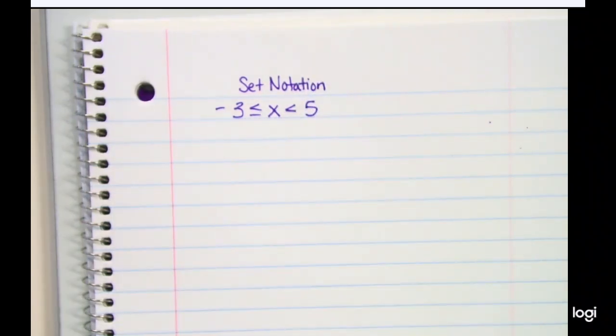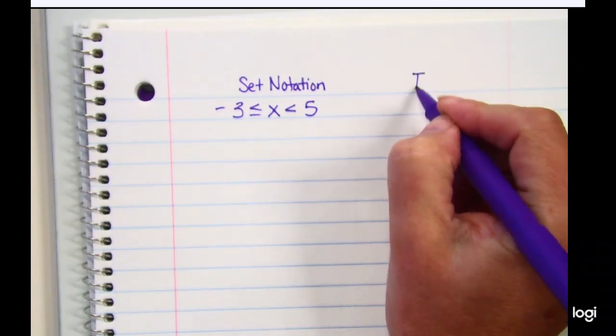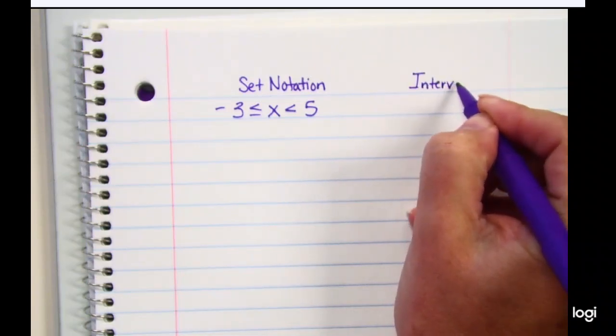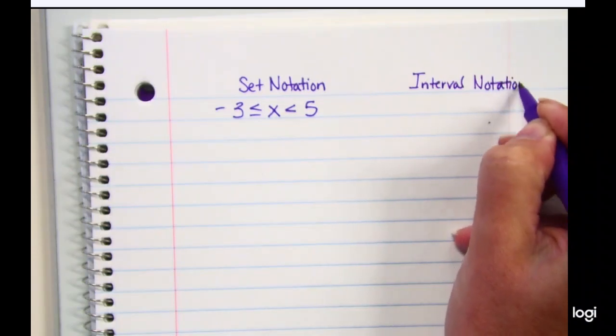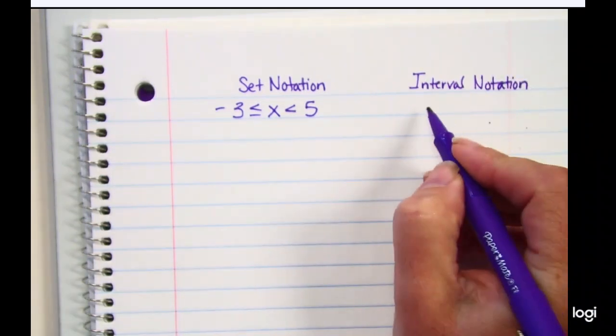We've got our inequalities, we have values, and we have our variable. Interval notation would look like this.